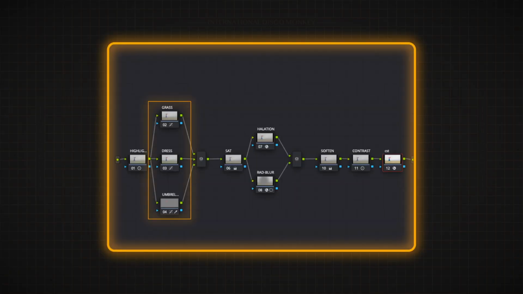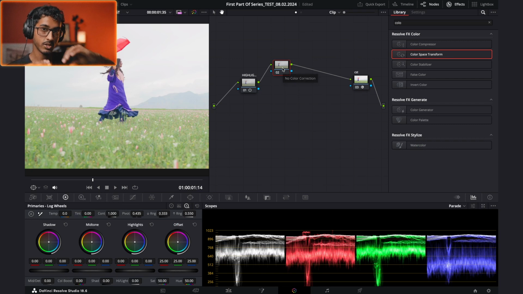Parallel nodes allow you to make simultaneous changes to one clip without affecting each other. If you use serial nodes, whatever you do to the previous node will affect what happens afterwards, whereas parallel nodes let you individually change each part of your clip without damaging the changes you made before.